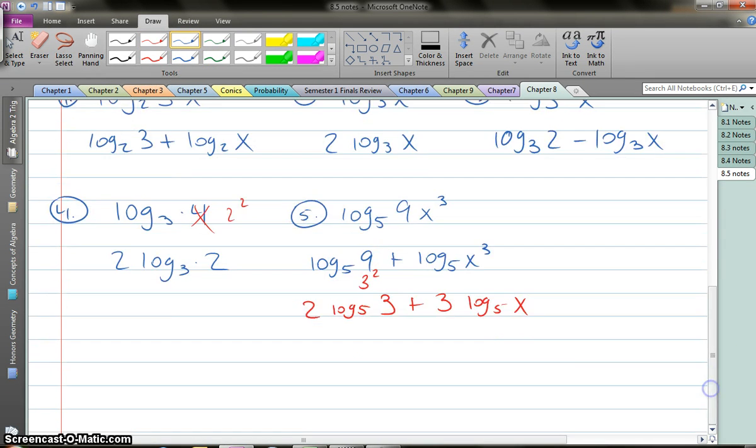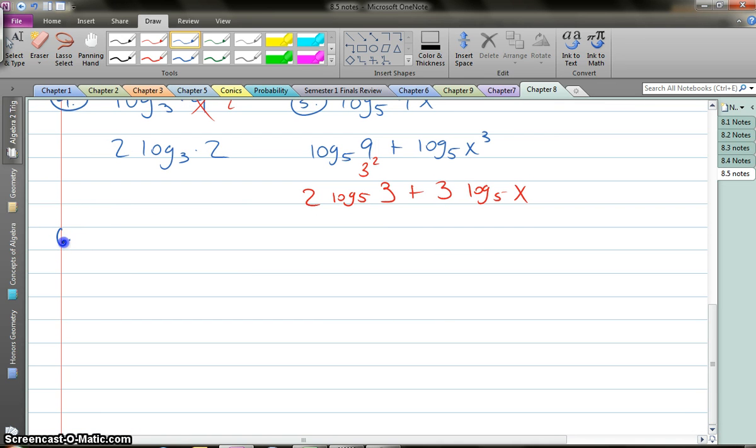Hopefully. Let's go, number 6. Log base 4 of 4 over 5. It's division, so we're subtracting. So log base 4 of 4 minus log base 4 of 5. Look at this: when those cancel, we're actually left with 1 minus log base 4 of 5.